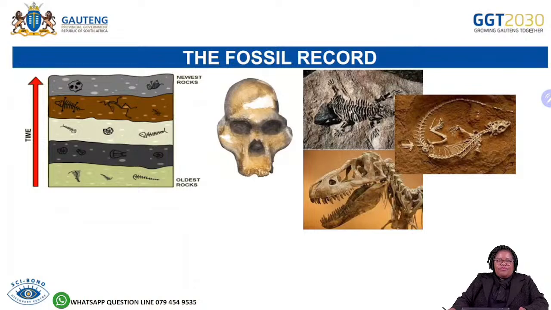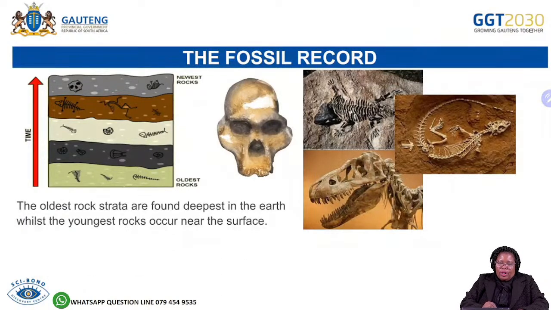Right, now with the fossil record, I indicated when we started that to determine the age of a fossil, how do we do that? Look at this. When you look at the rocks, I've said the oldest rocks we find at the bottom, but at the top of the surface of the soil, we get the newest rocks.